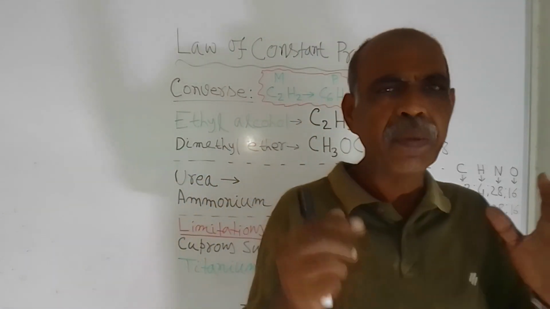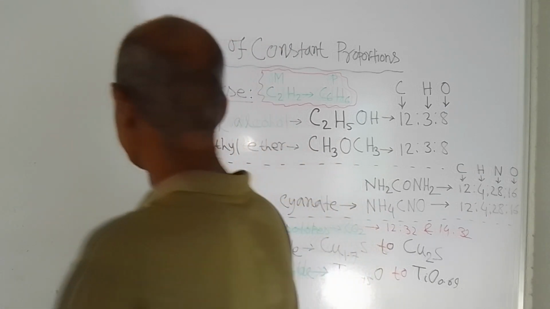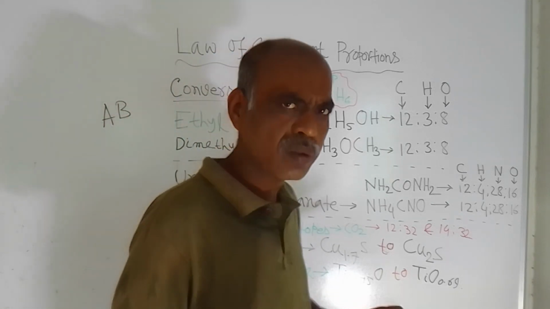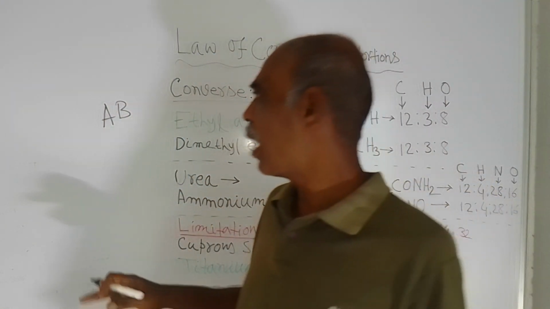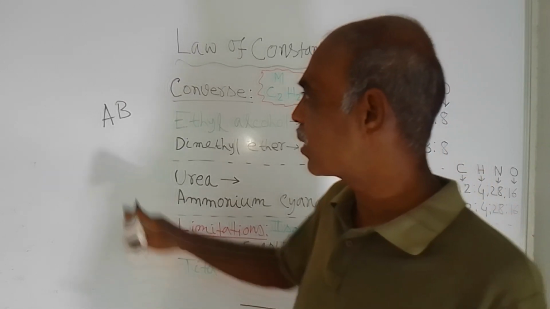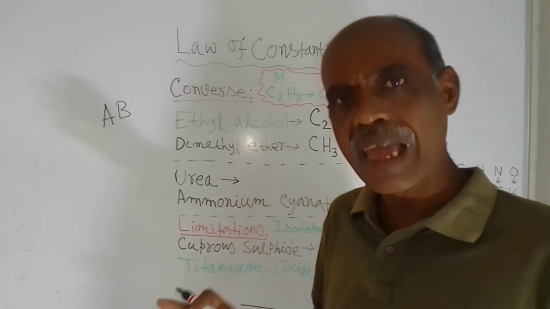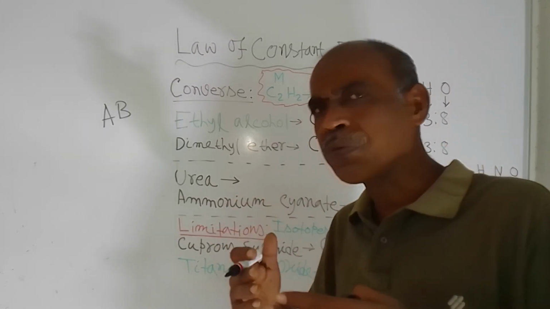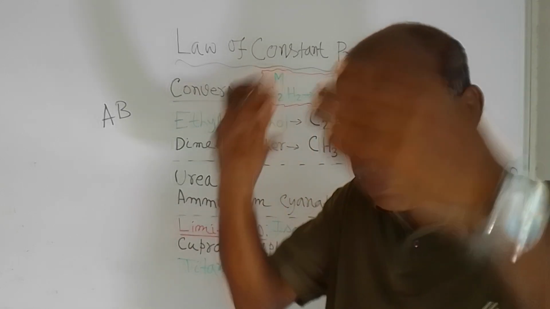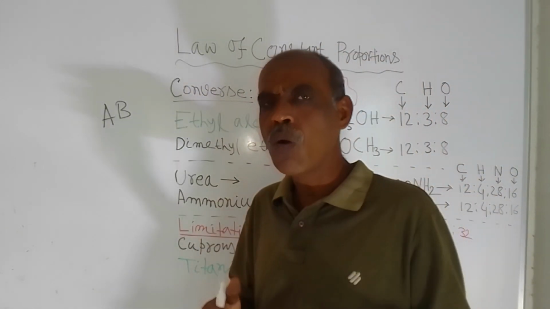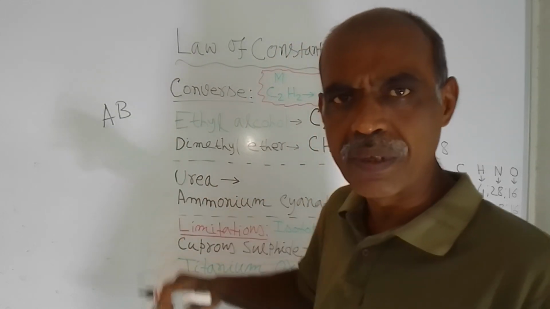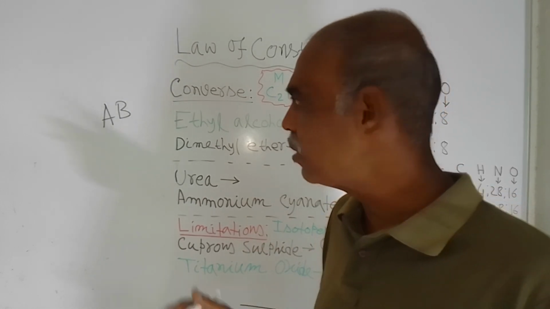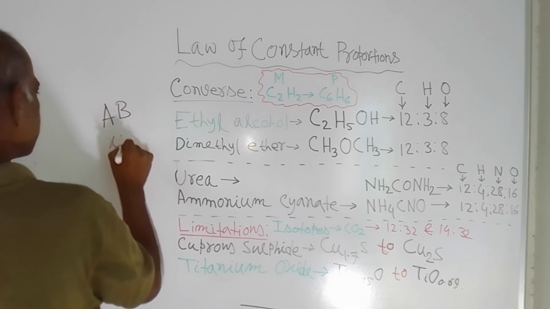Suppose AB, I am writing here. AB is a chemical compound, and the elements present in the compound are A and B. So suppose you have adopted one method of preparation for the formation of AB, and the ratio of the substances A and B was X:Y.